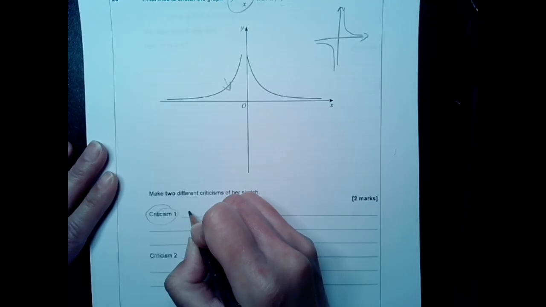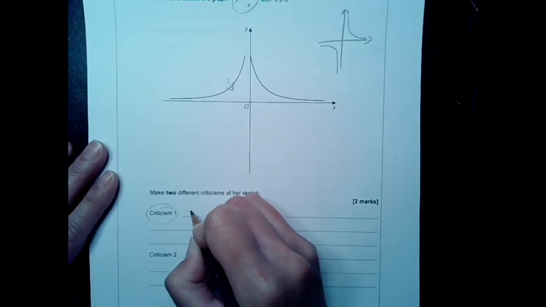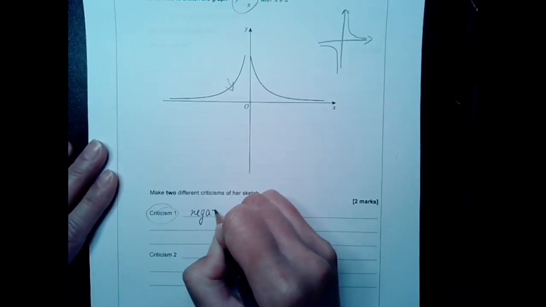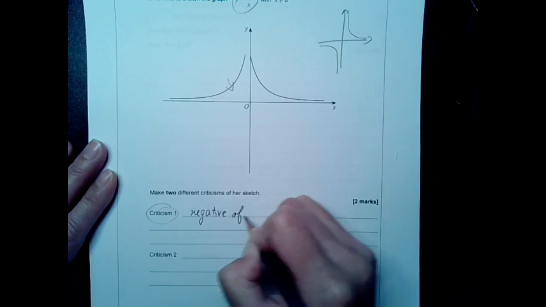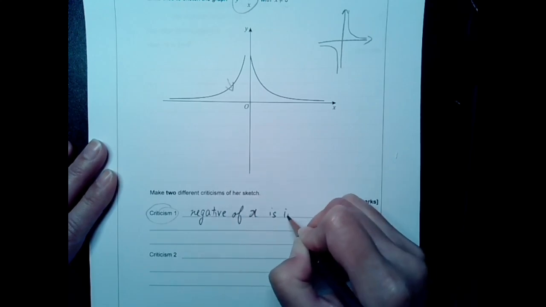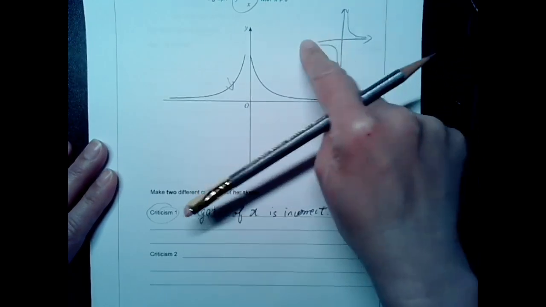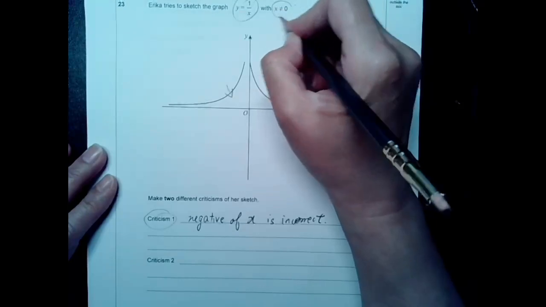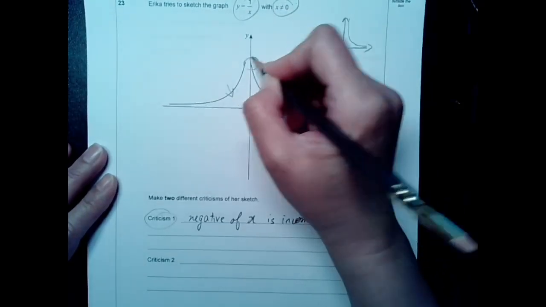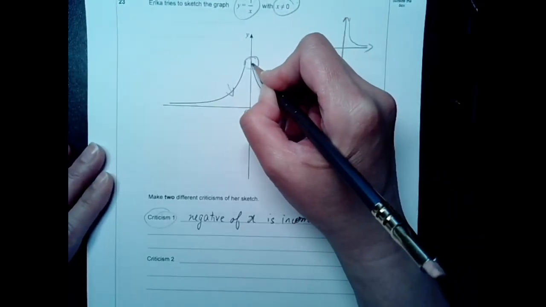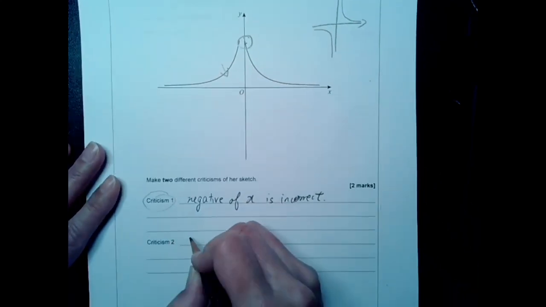First of all, the negative value of x is incorrect. It should be down there. And then the other bit is that x is not equal to 0, but they draw it touching the 0, which is wrong.